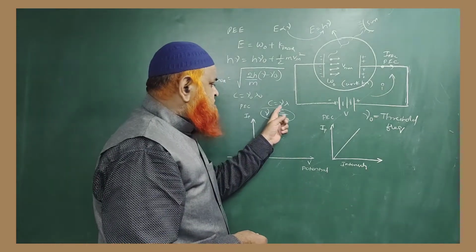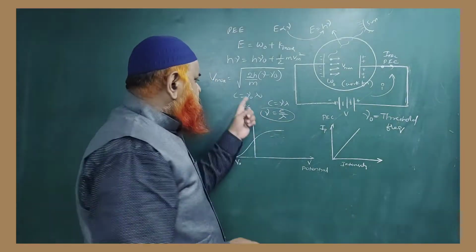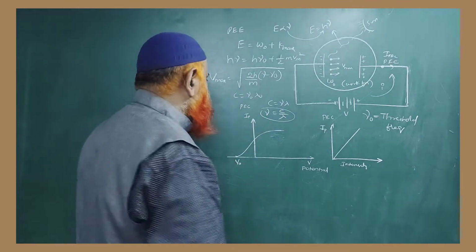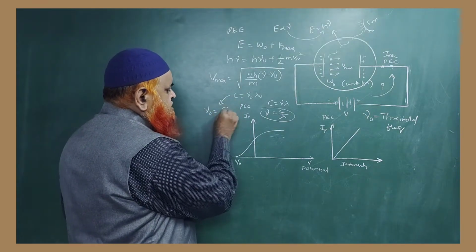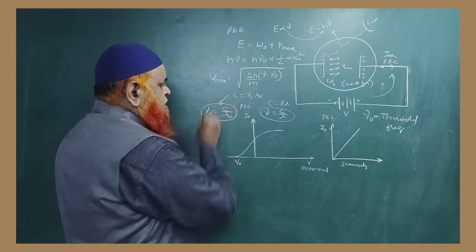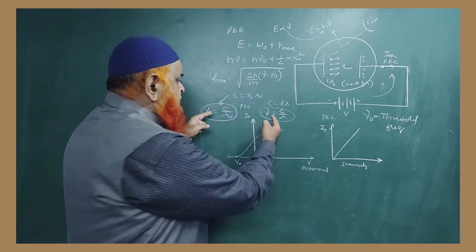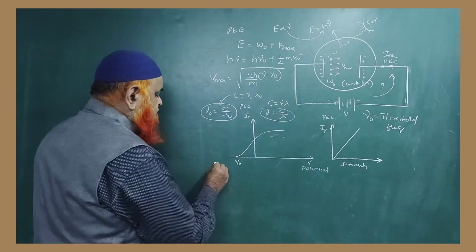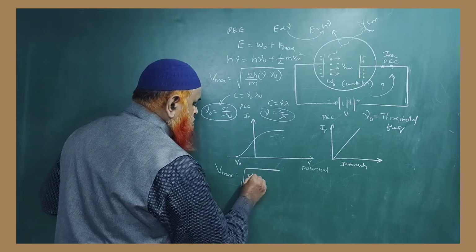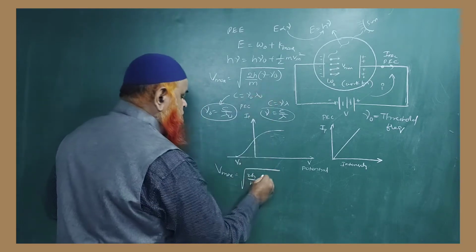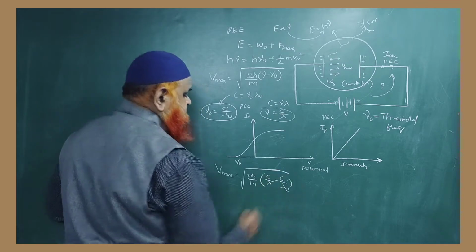As we write the formula c is equal to nu lambda, nu is equal to c by lambda, then we write c is equal to nu naught lambda naught. From this you get nu naught is equal to c by lambda naught. So we got the formula for nu and for nu naught as c by lambda naught. If you substitute the values here, your formula changes a little like this. 2h by m, nu can be written as c by lambda, and this is c by lambda naught.